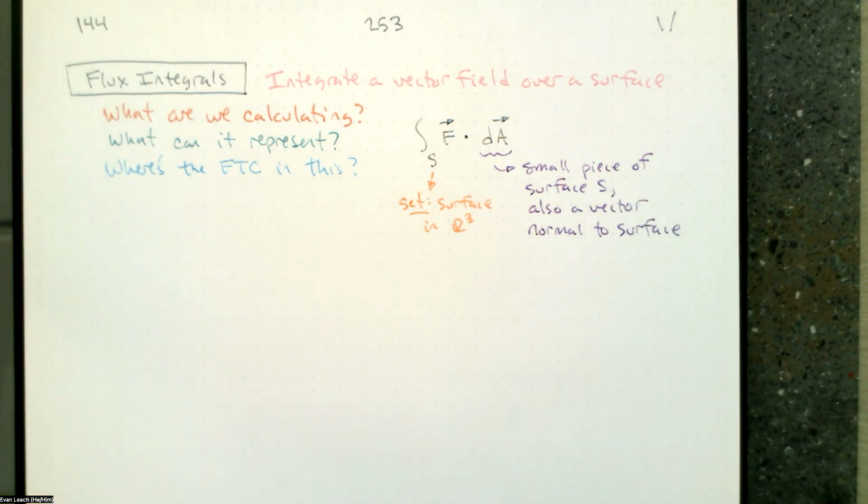This is the setup that we're going to use for a flux integral. I've described what we're going to be doing with this. We want to integrate a vector field at a bunch of points on a surface. So we just have to make the calculation work out. Then we could think about what we can do with the calculation.